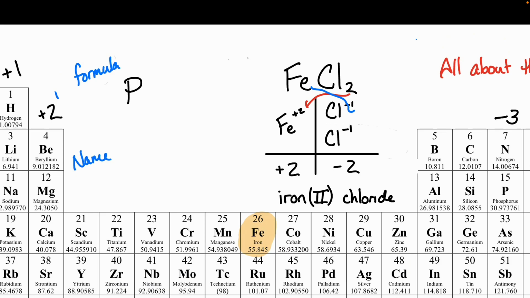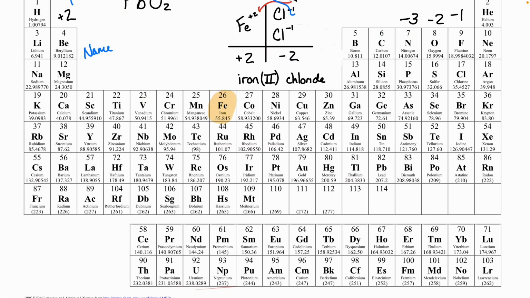Let's do PbO2. Lead, Pb, lives over here on our periodic table. Type 2, can't figure out its charge just by looking. Okay, again, what I do know is my anion, my oxygen.